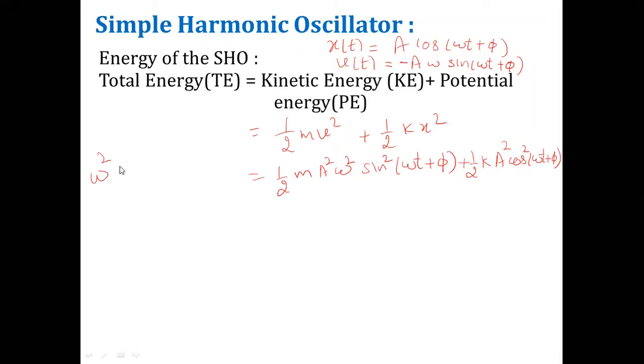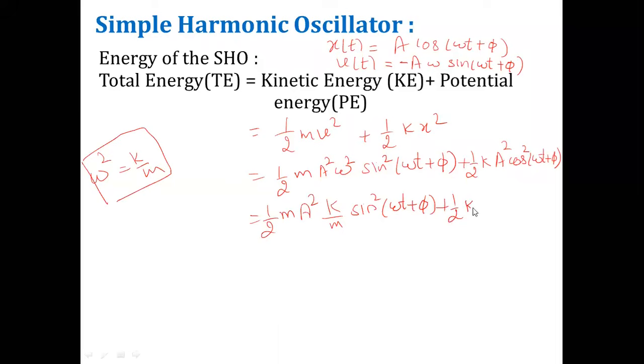We define omega square to be equal to k over m. That was our definition of omega square. Hence, I can rewrite this expression as 1 by 2 m times k over m, sine square (omega t plus phi), plus 1 by 2 k a square cos square (omega t plus phi). M will cancel m. 1 by 2 is common, you can take it out.